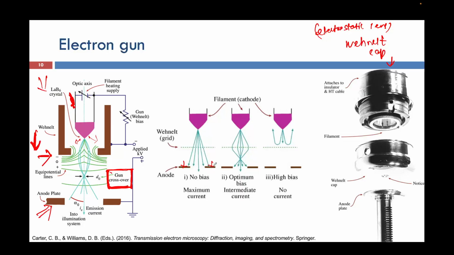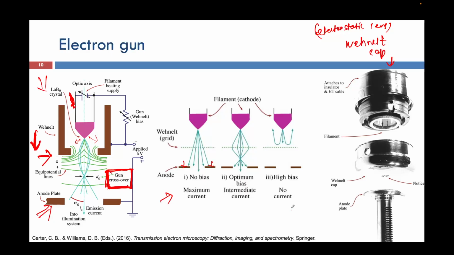Though we get maximum current, we will not get a point source. This gun crossover actually defines our source, because from this point onwards all the electrons are used to interact with our sample and get the information. So if we are not using any bias, the electrons will diverge, and some will be lost along the way.